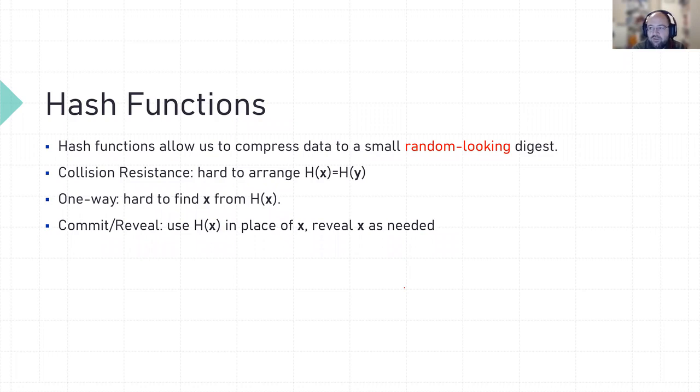And the properties that they have, at least in crypto context, is that it's very hard to find two different pieces of data that hash into the same output. And also, given the output of a hash function, it is quite hard or infeasible to figure out what the input was. This is very useful to us because in many cases we can use the hash of something in place of something and then reveal it if and when we need to.